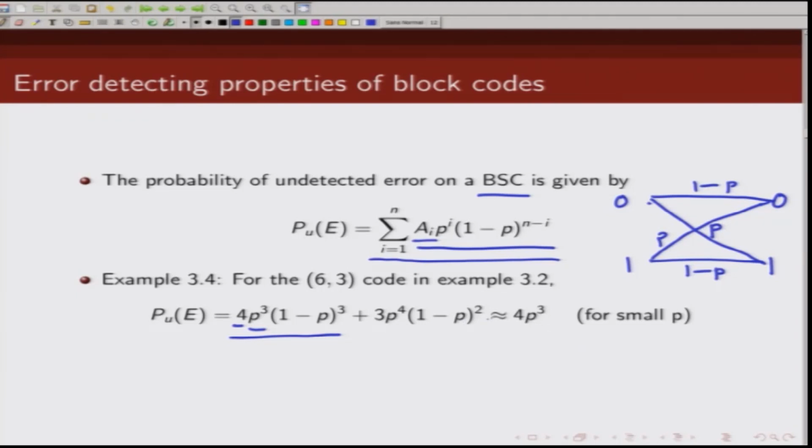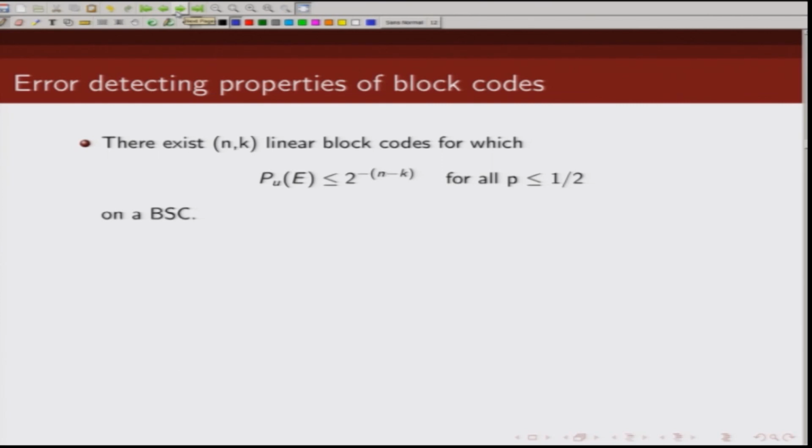And since p is typically small, I can approximate this undetected error probability as 4 times p cube, because this will be close to 1, and since p is a small number, p raised to power 4 will be a small number. So, this will be roughly equal to 4 into p raised to power 3. This is for the case when p is small.